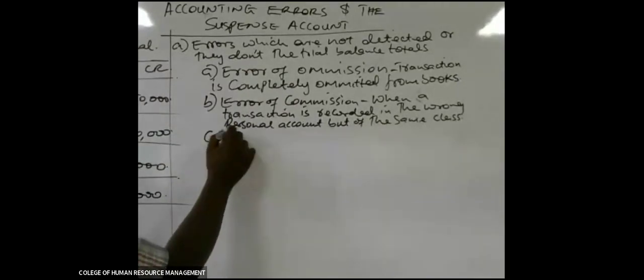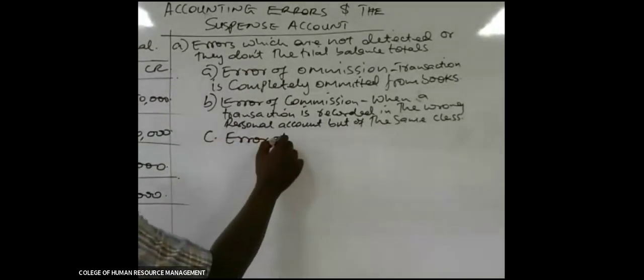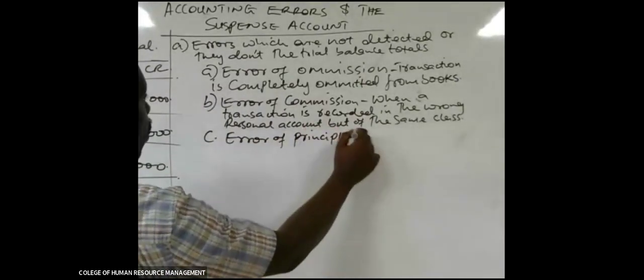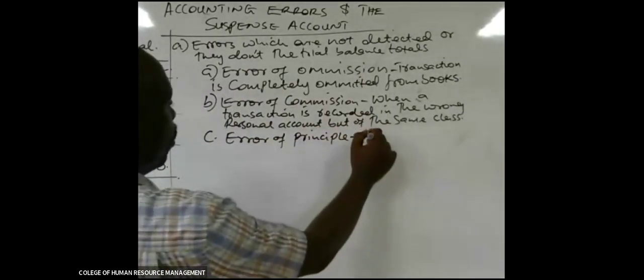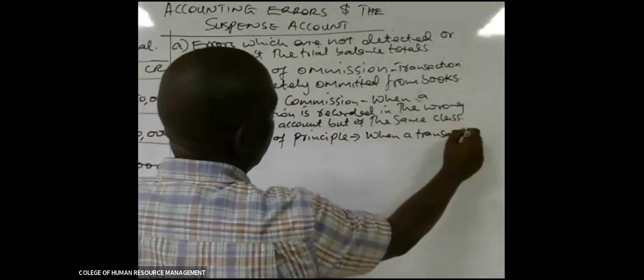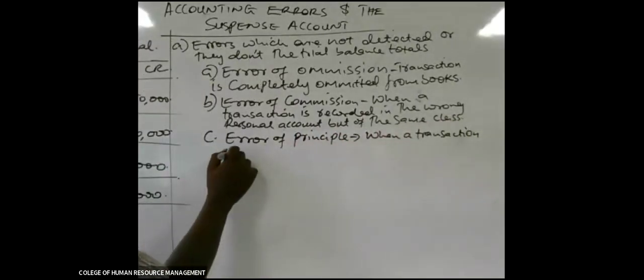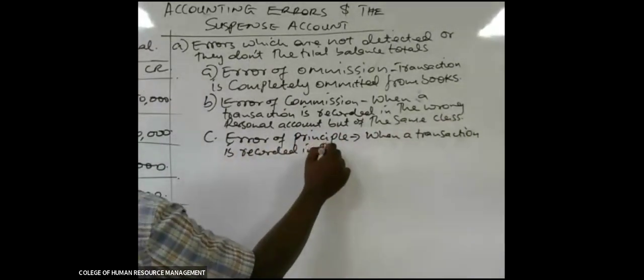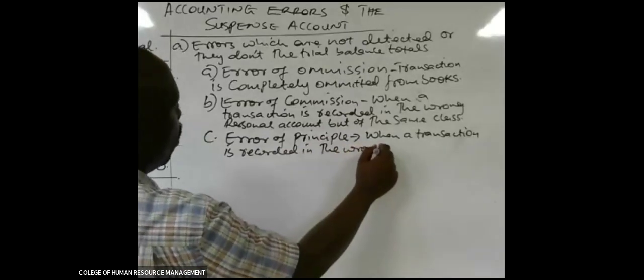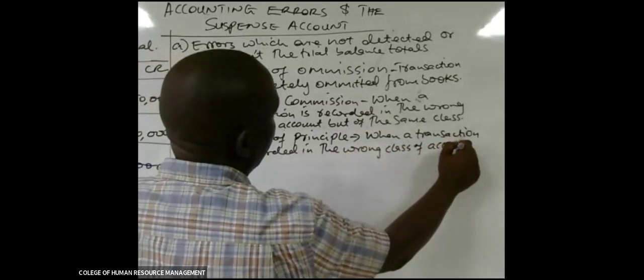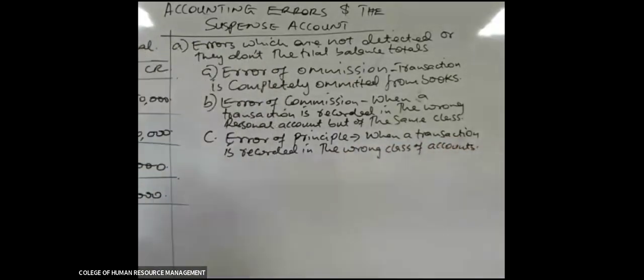C, it is the error of principle. This one occurs when a transaction is recorded in the wrong class of accounts.